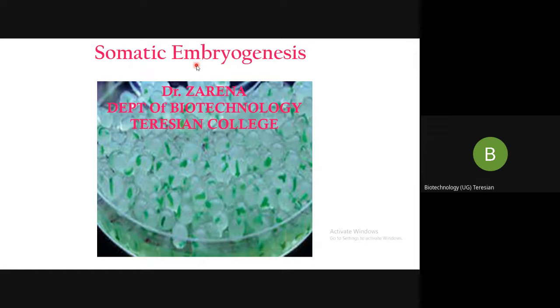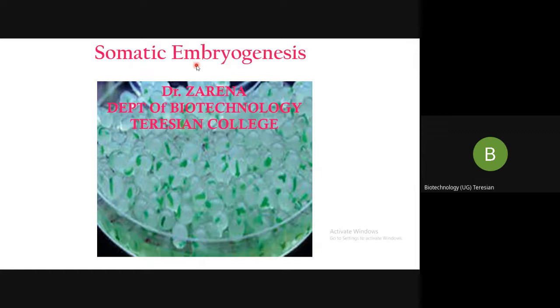So, as I told you, whenever you are going for direct embryogenesis, your progeny plant will be exactly the same, a mirror image of your mother plant. So you can obviously use it for clonal propagation, isn't it?